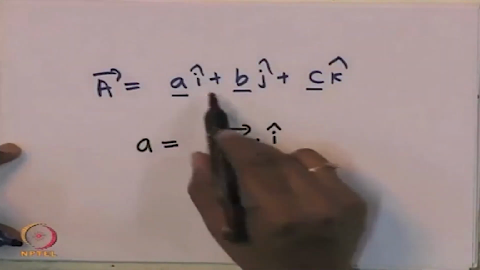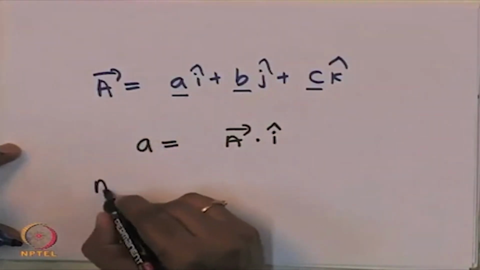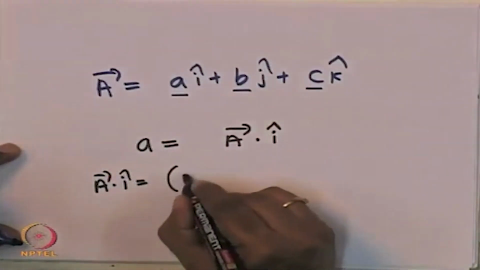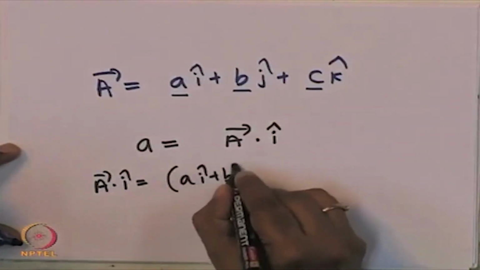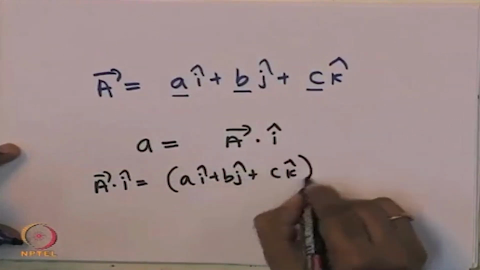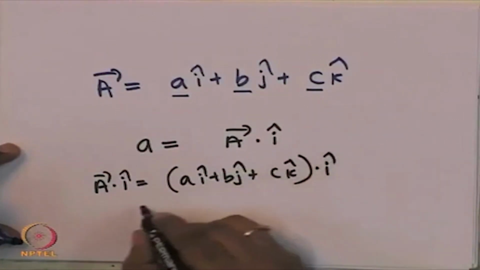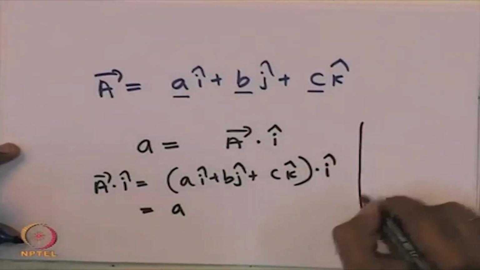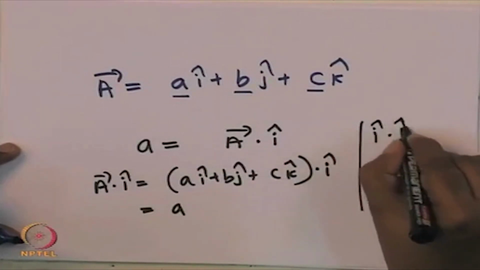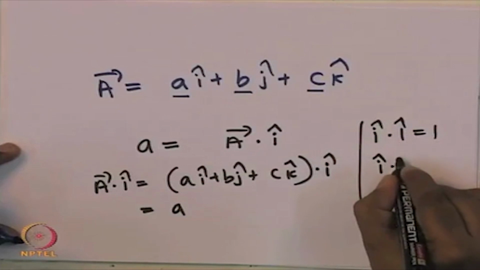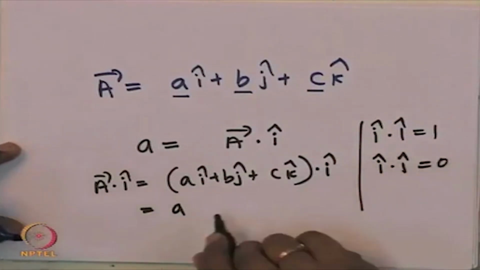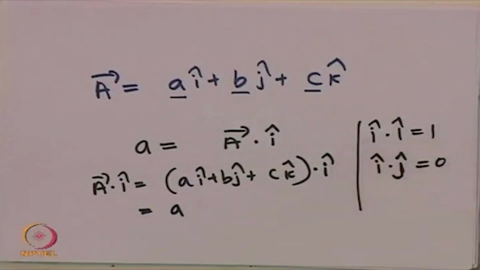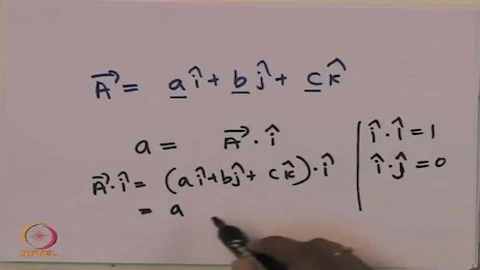A dot i is nothing but a i plus b j plus c k, the whole thing dotted with i, and we know that i dot i is 1, so this is a, and i dot j is 0. Using the property that i dot i is 1 and i dot j is 0, we can write A dot i is a.